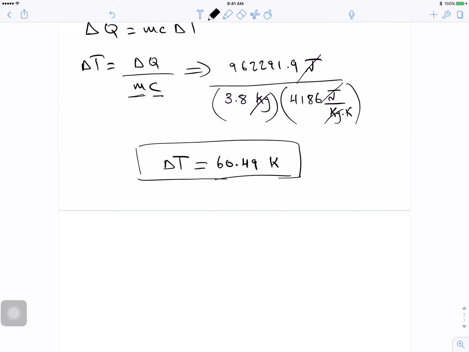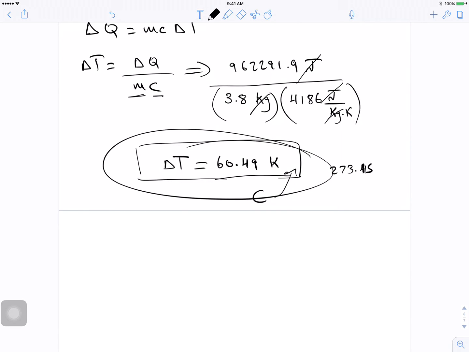But that's delta T, and they want it in Celsius in the question. But delta T for Kelvin and Celsius is the same thing, because the difference between the two is that you add or subtract 273.15 to Celsius, so the difference is the same.